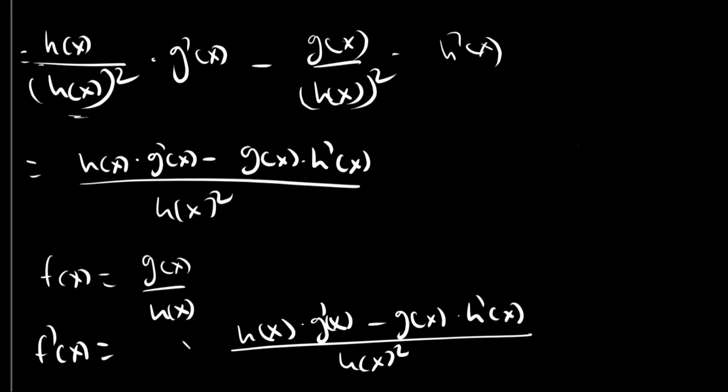So when my h is at the bottom, it is always h of x times g prime of x minus g of x times h prime of x.